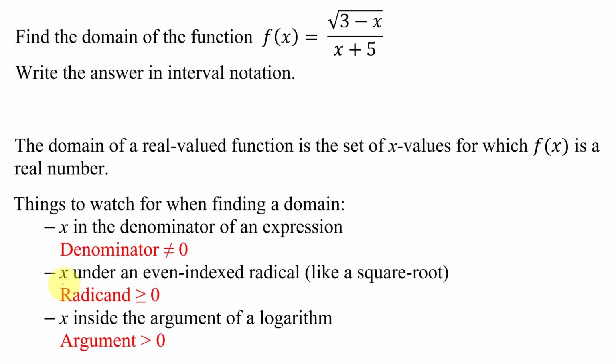Next is when you have x under an even index radical like a square root, fourth root, etc. You do not want to have to take the square root of a negative number, so you set the radicand, that's the name of the expression that lives under the radical sign, greater than or equal to 0. Notice this only applies to even index radicals. If you have a cube root, fifth root, it doesn't apply to those.